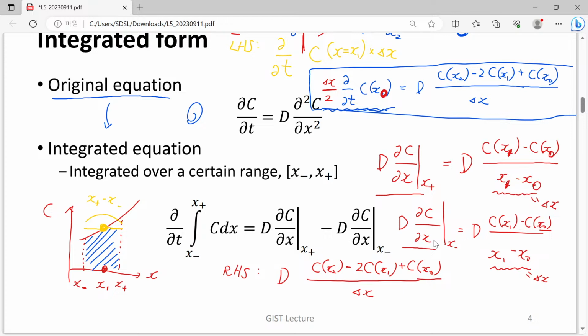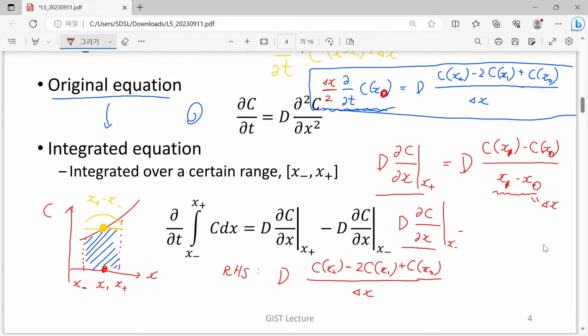But please have a look at the one evaluated at the lower boundary. What is ∂c/∂x evaluated at the lower boundary? That cannot be approximated by this kind of first derivative because we have no idea about it using just unknown variables. We have to say, with the help of our boundary condition, this is 0. Who says this is 0?